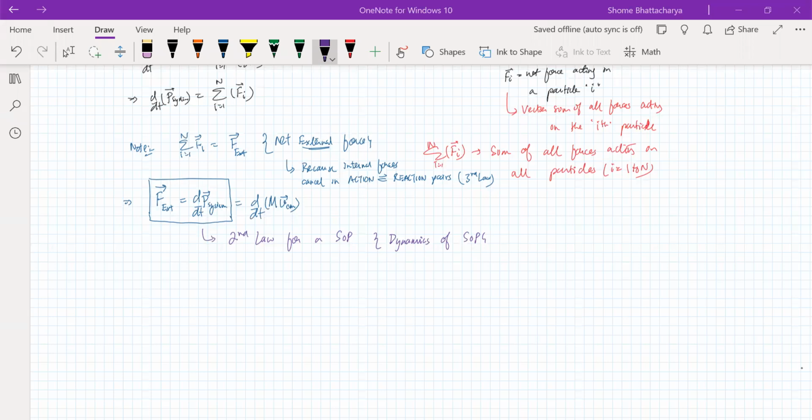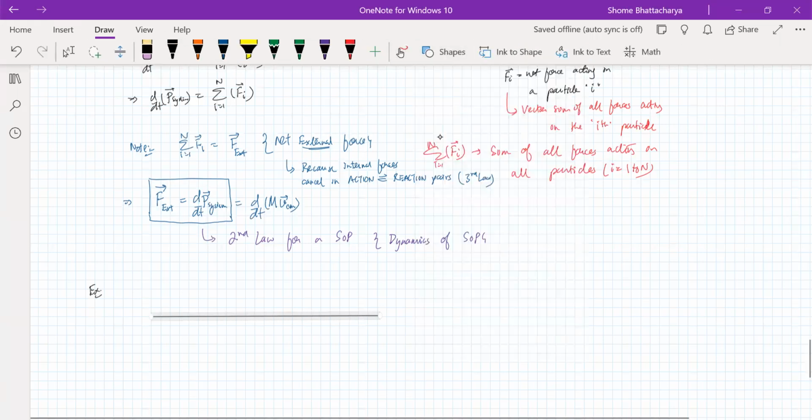So that's the difference. For example, let's understand this business of internal and external forces first through an example, then we will come back to the next thing in theory.